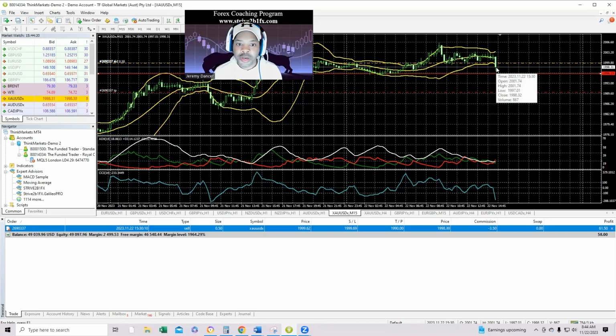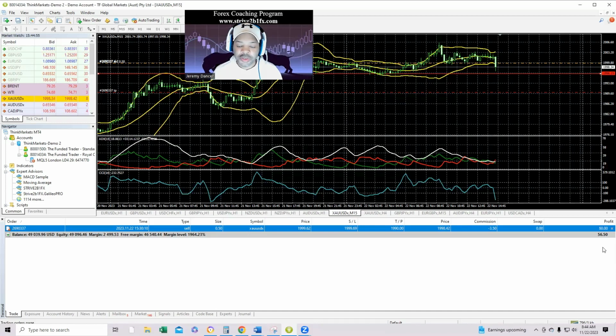So we need the bears to make a strong move within the next minute or so, because this is too much demand for us to have to deal with. And if this demand holds, then I will have to manually close the trade. But like I said, because we already secured a profit, this is a risk-free trade at this point, and I have another opportunity this morning to still hit my target.